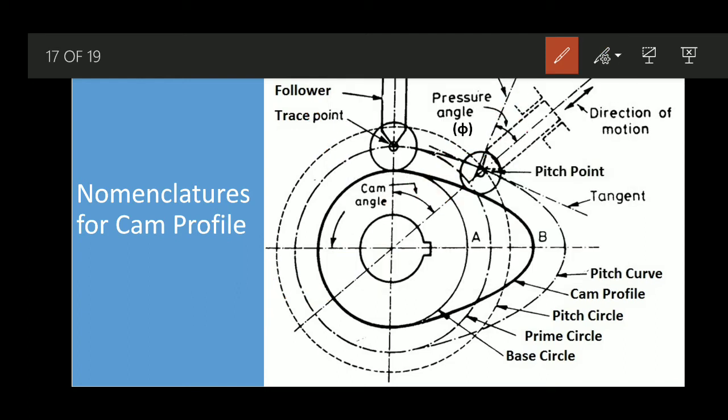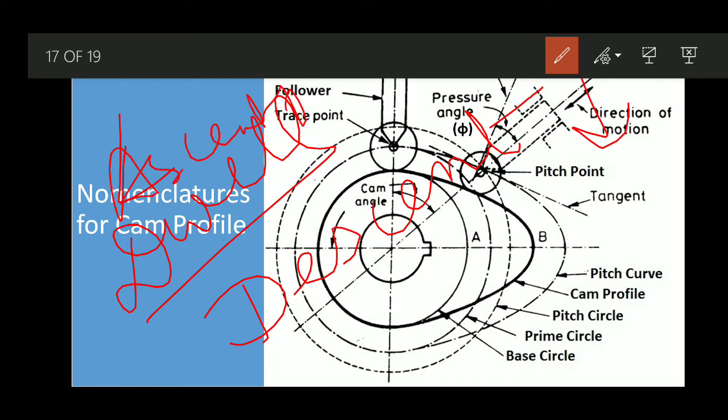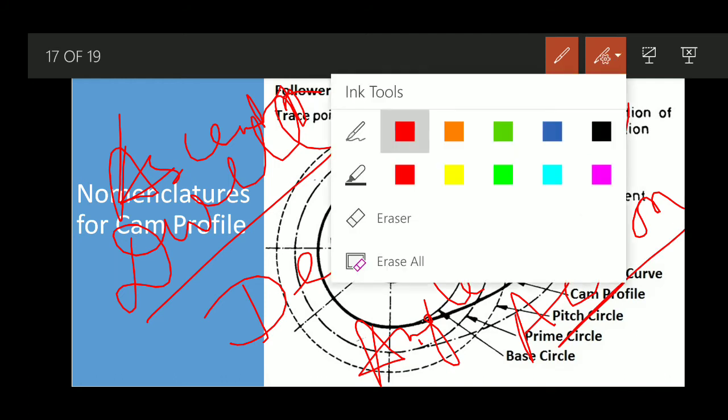We can have the angle of dwell. These are the angles we are talking about. And we can have the angle of descent. Descent means going down, that is, whenever the follower is coming down. Ascent is going up. Similarly, we can have an angle of action.